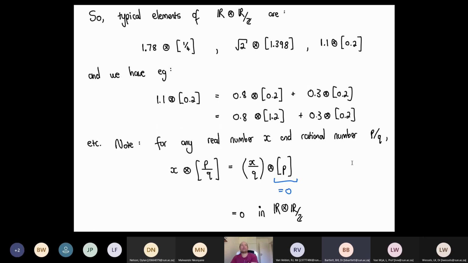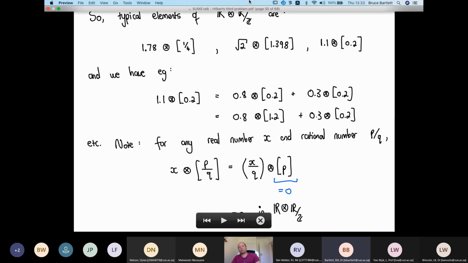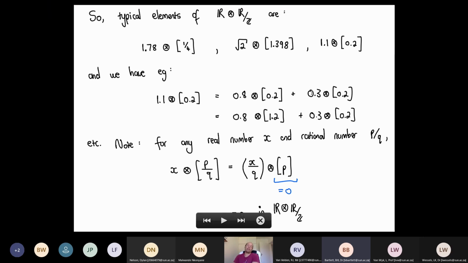And the equivalence class of an integer is 0, because any integer is equivalent to the 0 element of R, because it's an integer distance away from 0. So that is the proof that any real number tensored with the equivalence class of p over q is 0 inside this Dehn group, where the Dehn invariants live. So that tells us, for example, that if the dihedral angles are rational multiples of pi, then the Dehn invariant is immediately going to be 0. At least that edge will contribute 0 to the Dehn invariant.